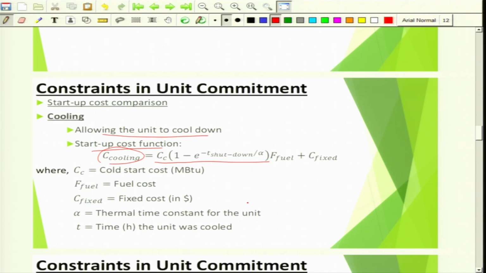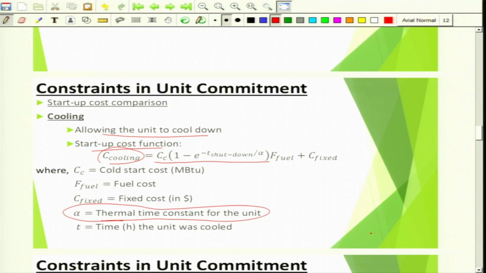You can see here alpha is the thermal time constant for the unit. That means every unit has its own time constant, or inertia you can say, before which it can come to a totally cold platform.